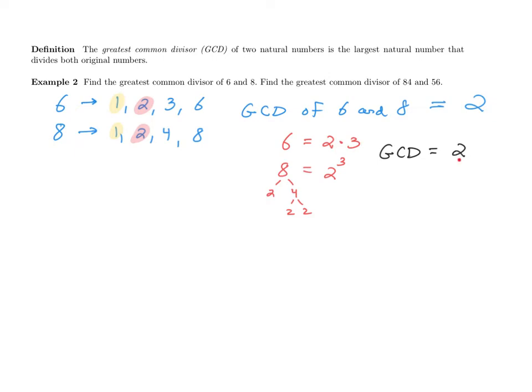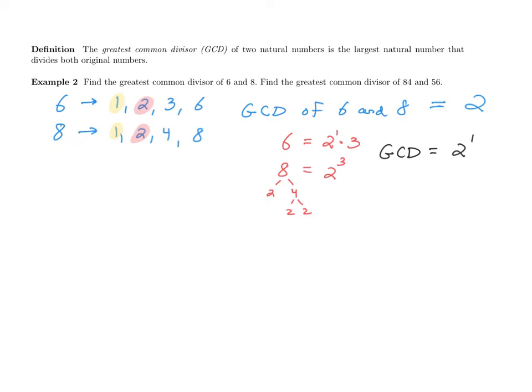Once you've decided which prime numbers can be used because they're common to both lists, you then have to decide, well, what is the largest exponent that I can put on this prime number? So here, a single 2 can divide into 6, and here, up to 3 of them can divide into 8. If you want to choose the amount that is going to work for both numbers, you have to go with the smaller exponent, which in this case is 1.